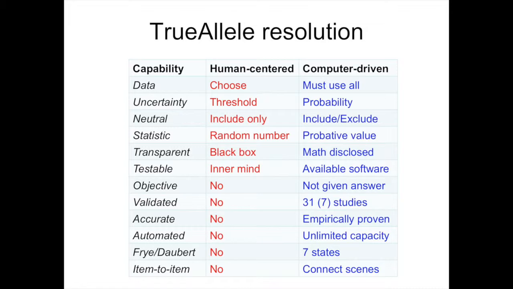So this is a quick summary of TrueAllele. So here are some capabilities of software you might want to have, and computing. What is TrueAllele, by the way? TrueAllele is a technology where after the laboratories produce data off the machines from the crime lab, the data is put into an interpretation computer. It doesn't look at any answers.